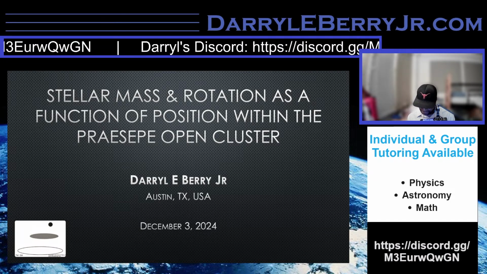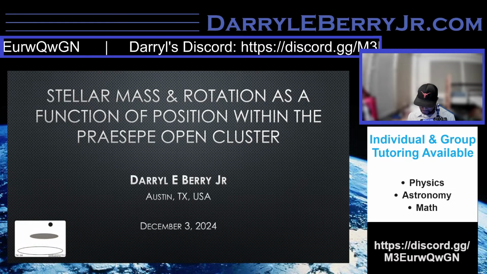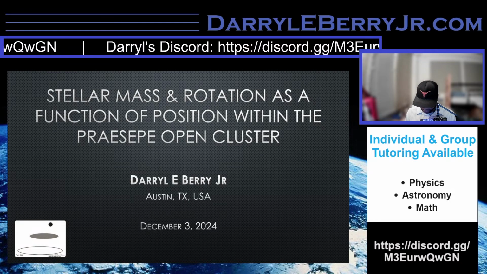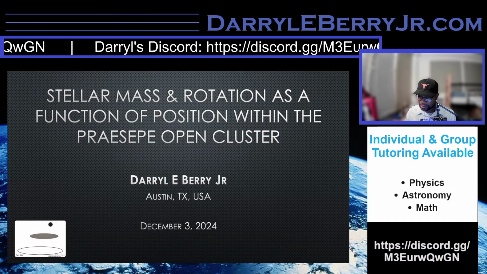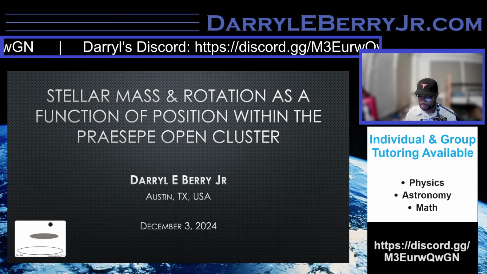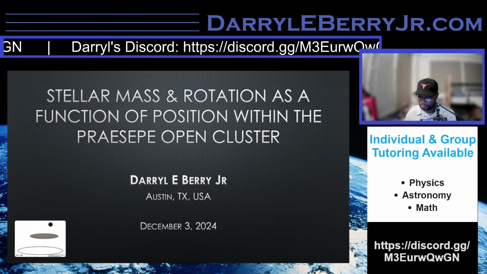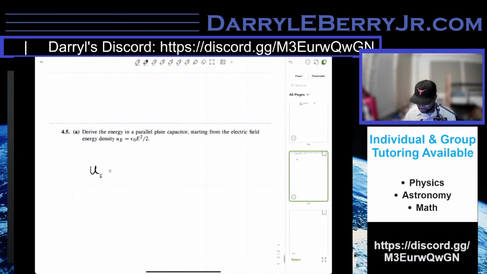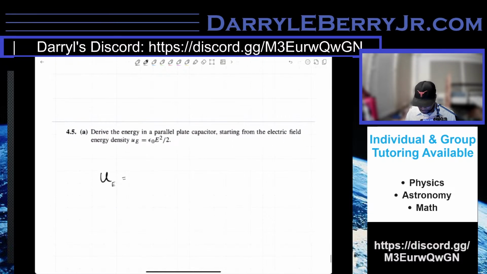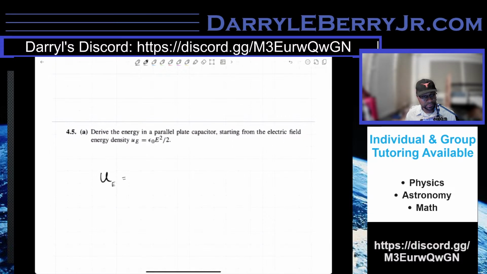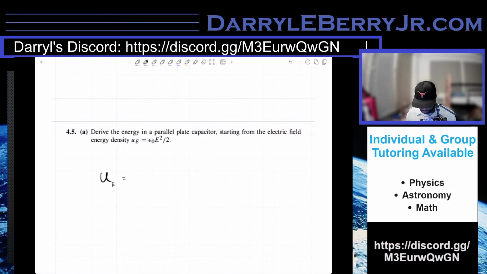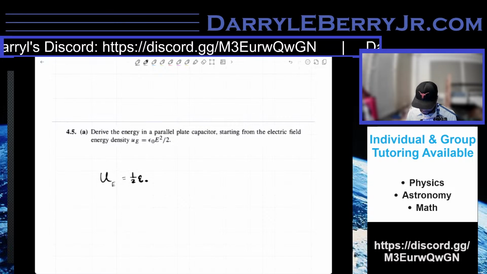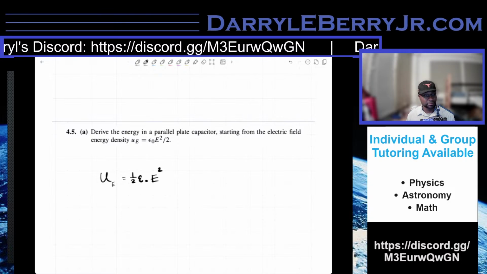Problem 4.5: derive the energy in a parallel plate capacitor starting from the electric field energy density. So we're starting with the electric field energy density equals 1/2 epsilon naught E squared.